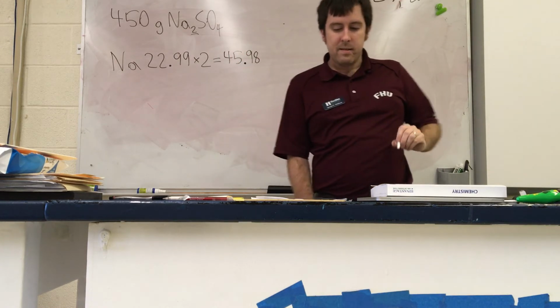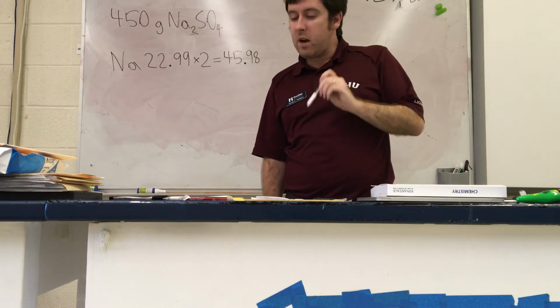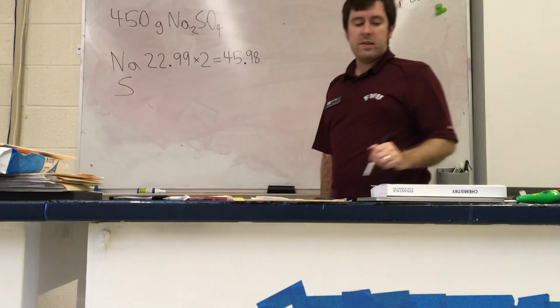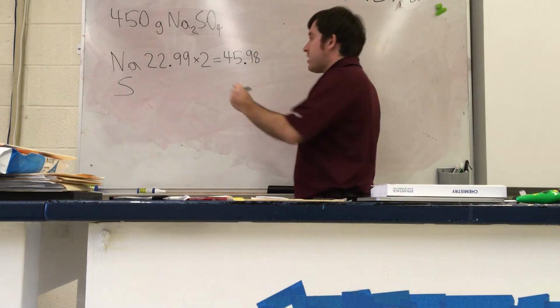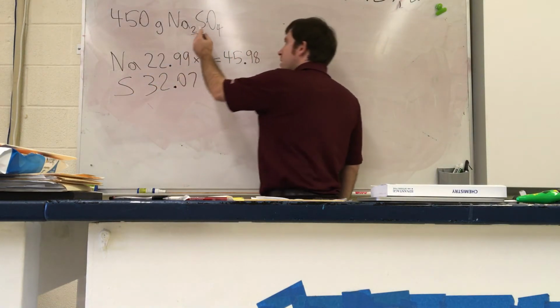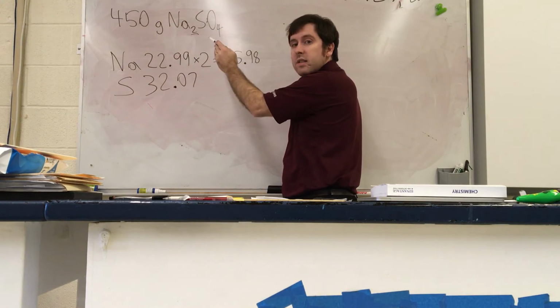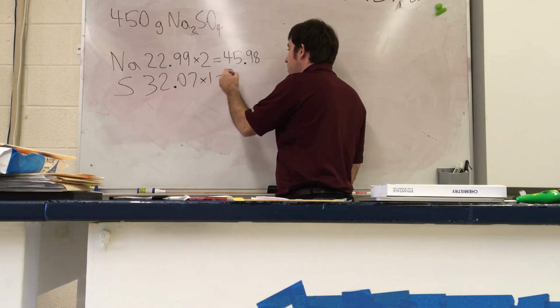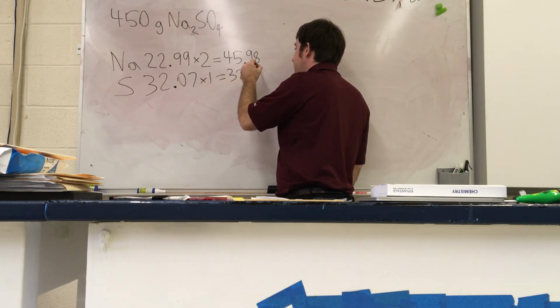All right, so there is sodium. Next we have sulfur. Sulfur's molar mass is 32.07 on the periodic table. Once again, we only have 1 of those. So guess what? We don't really have to do anything. It makes our math wonderful. Very simple.